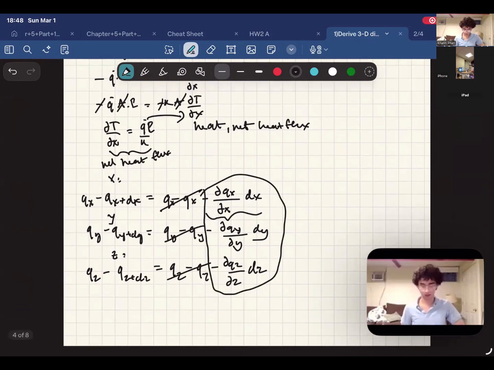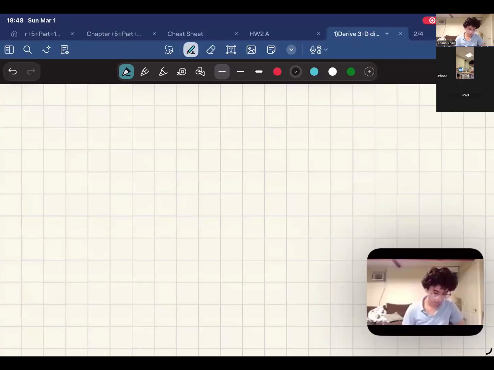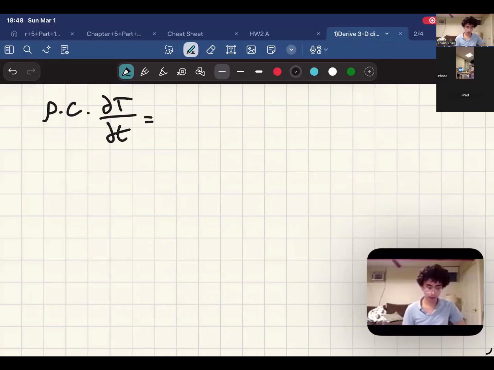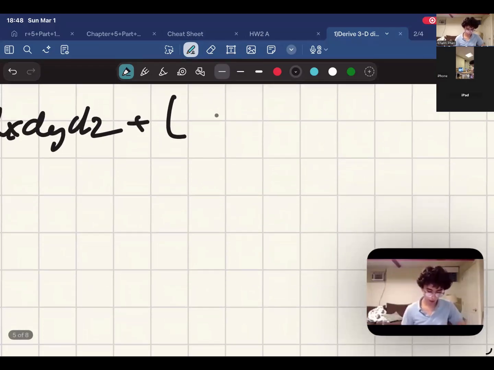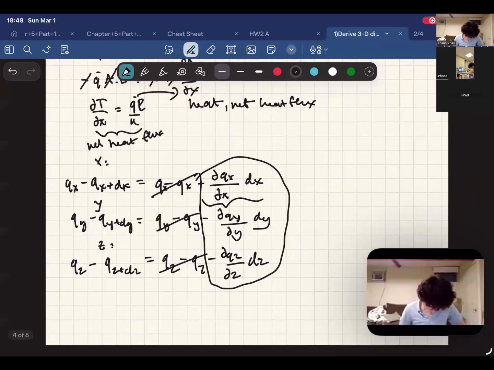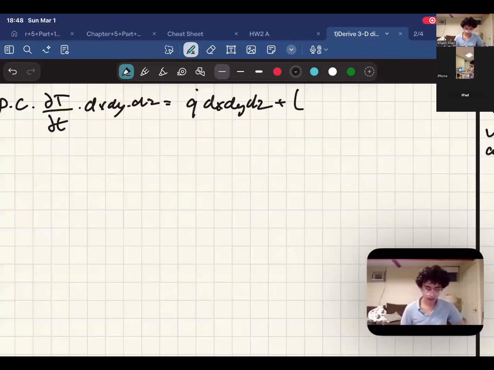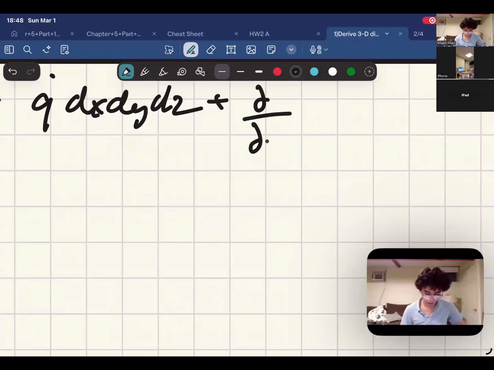So now we can apply it. Okay, we would have the density times heat capacity times the change in temperature with respect to time, times the volume too, I always forget this over here, equal to the energy generated, and then we would have d over dx on the outside.